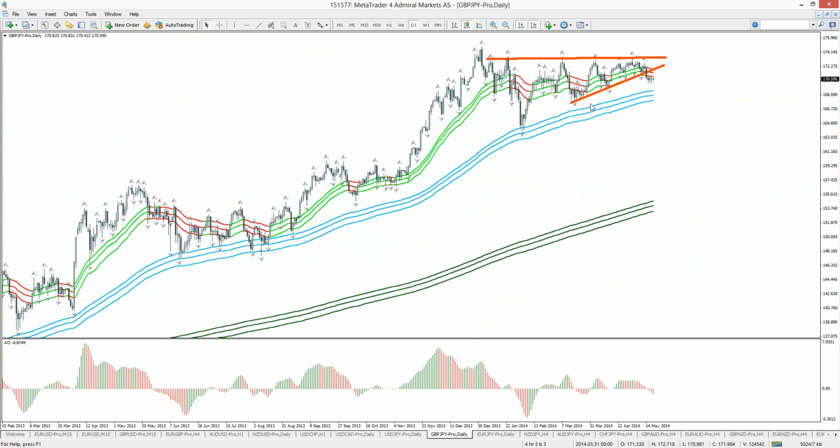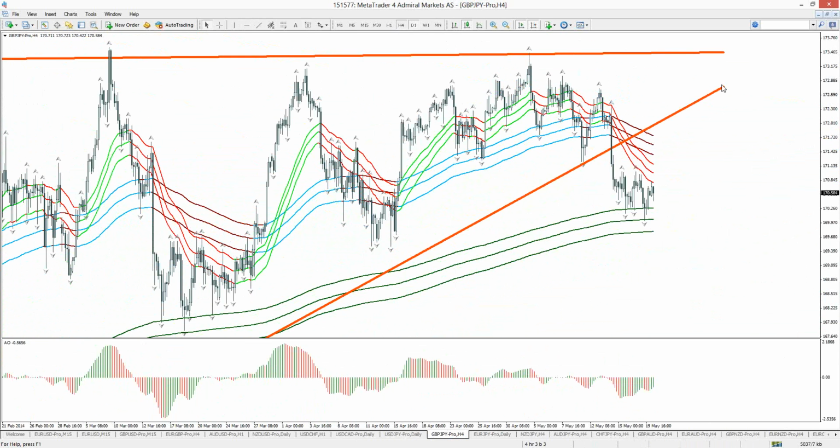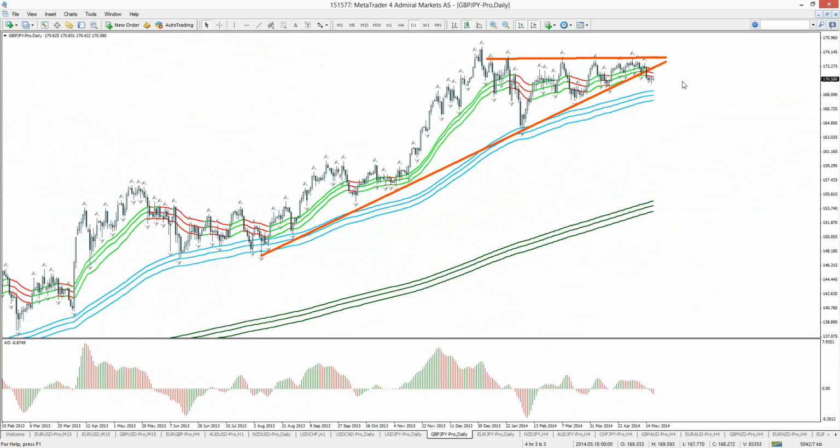Yeah, the euro yen especially, but also a bit of the pound yen is something worth discussing, I would say. Because we are kind of breaking through. Maybe the pound yen is not that visible. But we are breaking a bit through this support line on the daily chart.